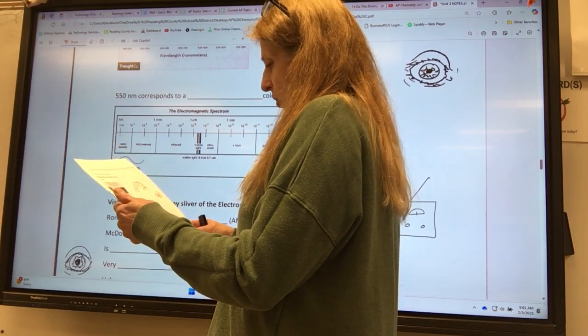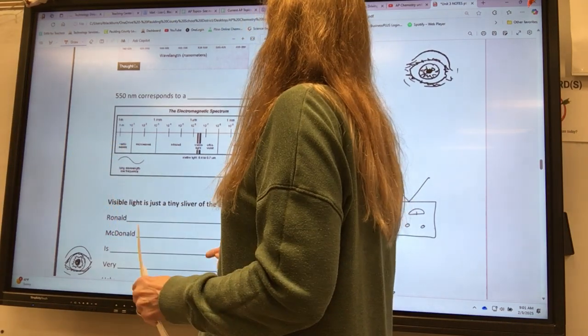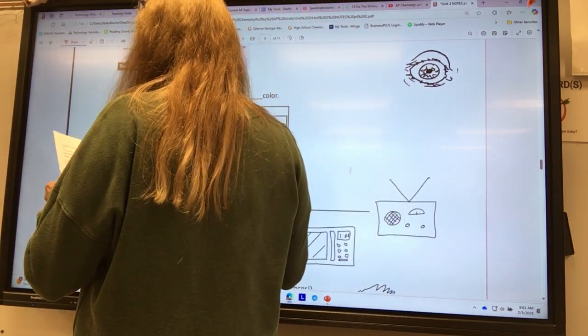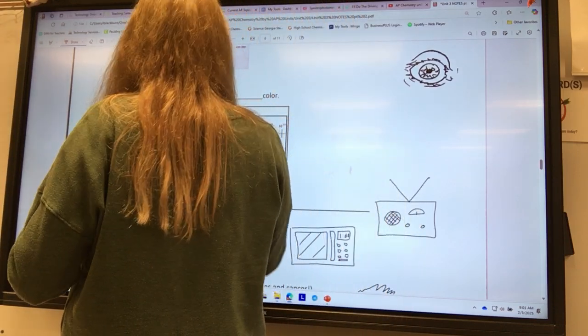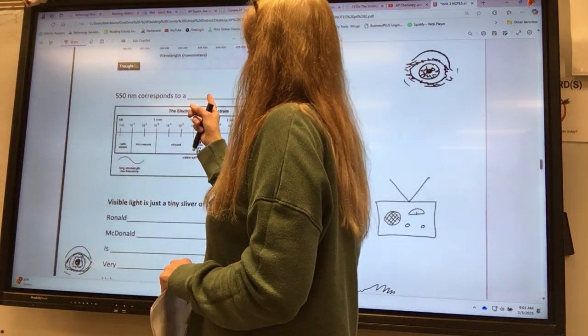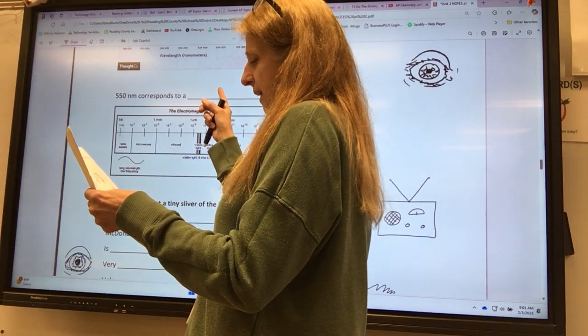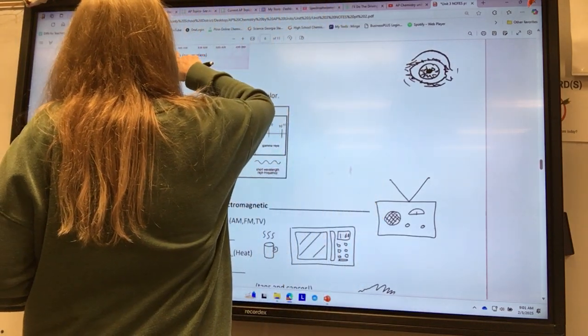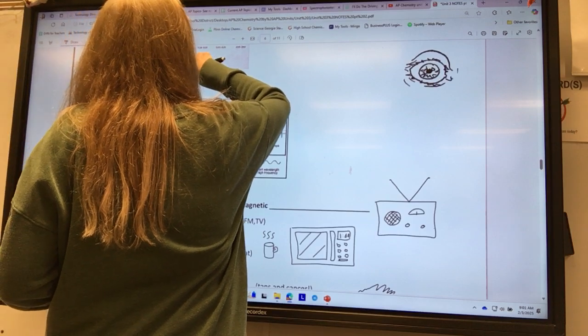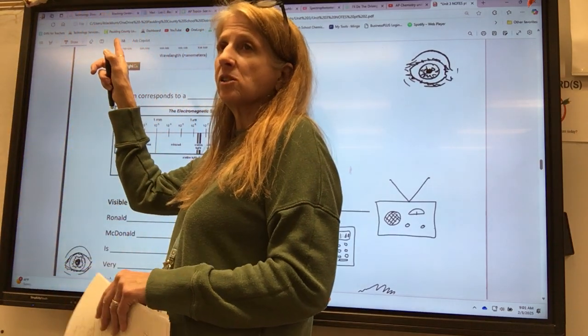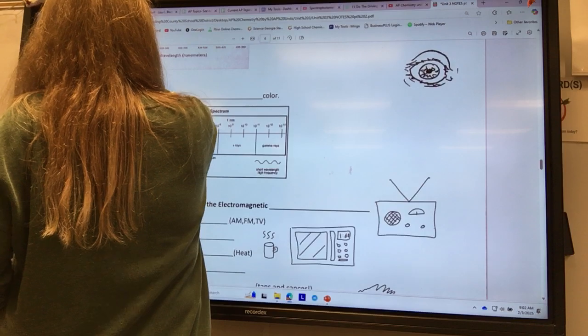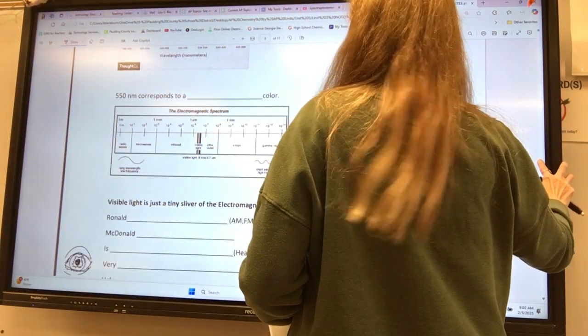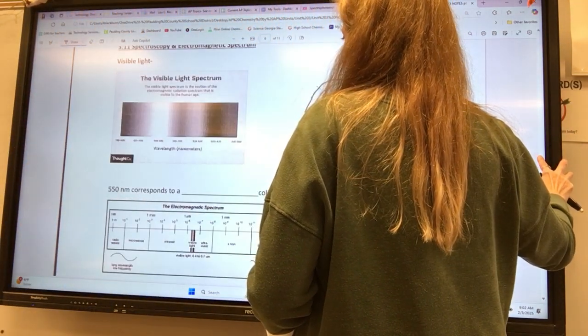550 corresponds, look up here, that's hard to read. I think it corresponds to green, but we'll look at it. Can y'all read it? What's at the bottom there? Or is it too blurry? 5 looks like it's about in the middle. Let's see if we got the colors on there, like where it's the brightest.